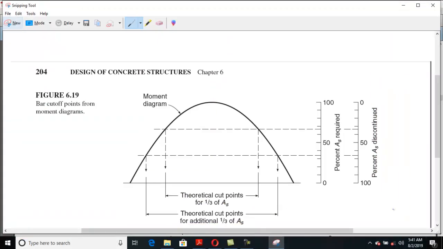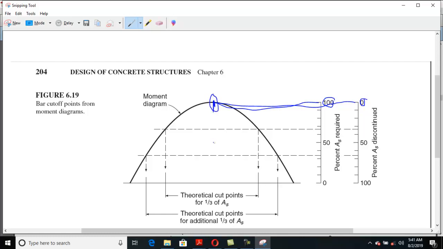This is the maximum point, and at this maximum moment point you need 100% of steel. 100% of steel is required, and there is 0% of steel to be discontinued. It means at this point you can't discontinue steel.